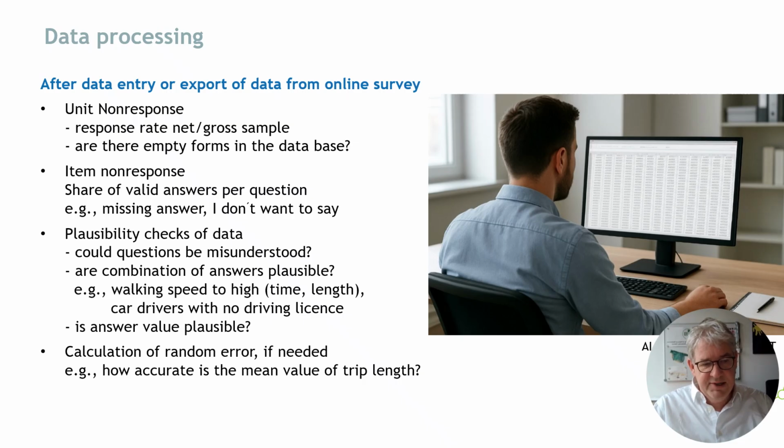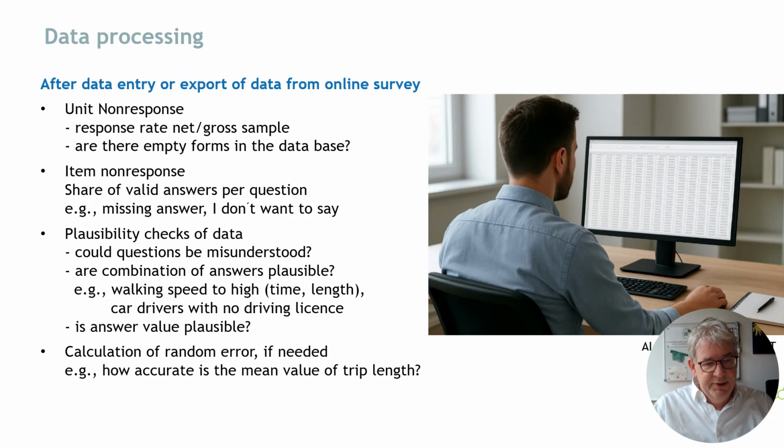Or the same, for example, if a person states he drove a car, but he stated that he has no driving license, for example, in the sociodemographic data. And also, is the value itself plausible? For example, is it in the range of the expected values?